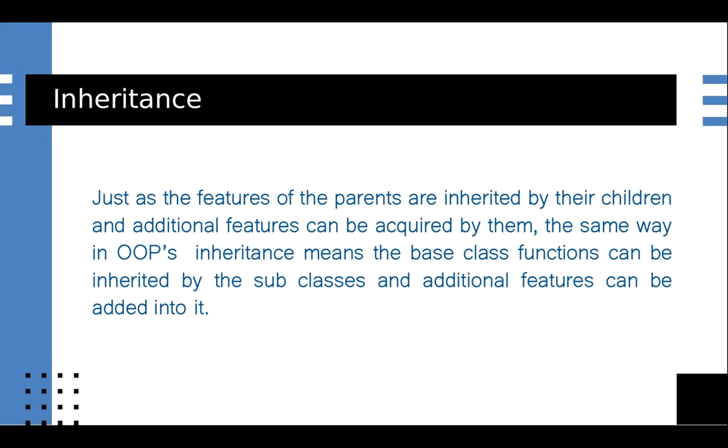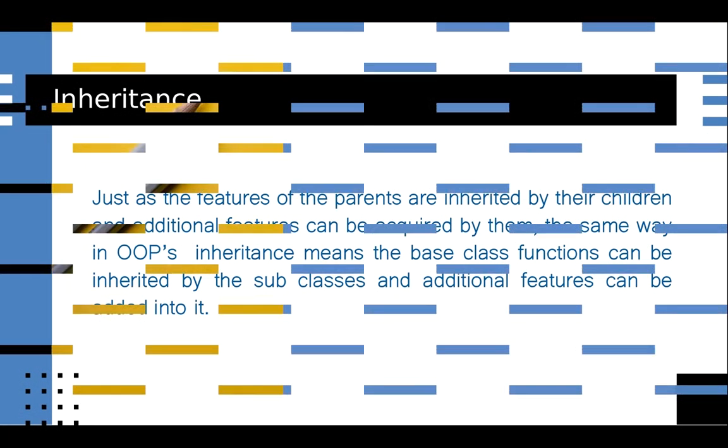In the same way in an object-oriented programming language, inheritance means that base classes or parent classes have certain functions and features, and these can be accessed by the subclasses or child classes, and additional features or functionalities can be added to it. This is what inheritance is, and we'll know more about all these features in the detailed sessions.